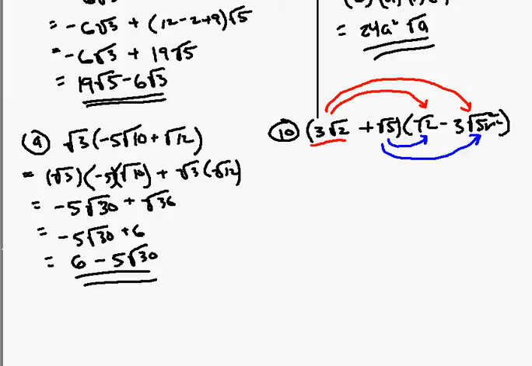So doing the ones in red first. If I go 3 times the square root of 2 times the square root of 2, I get 3 square root of 4. And then I'm going 3 times negative 3 is negative 9. And square root of 2 times the square root of 5r squared is the square root of 10r squared.